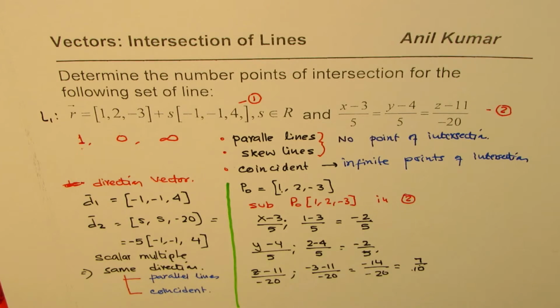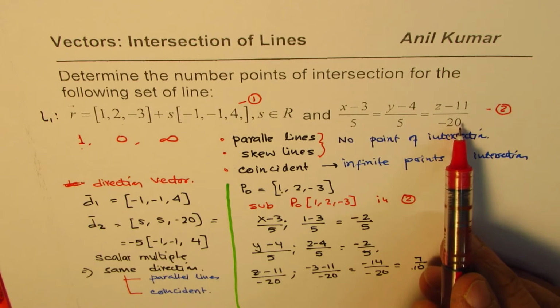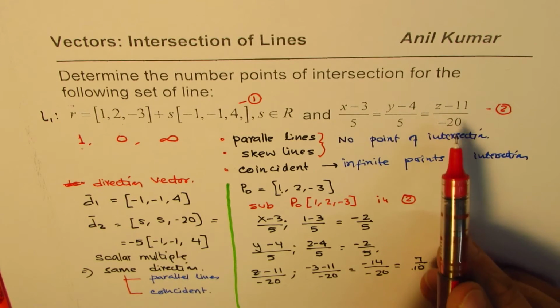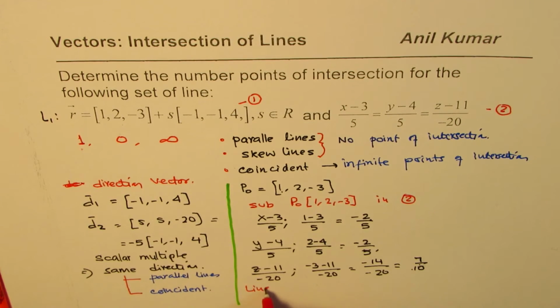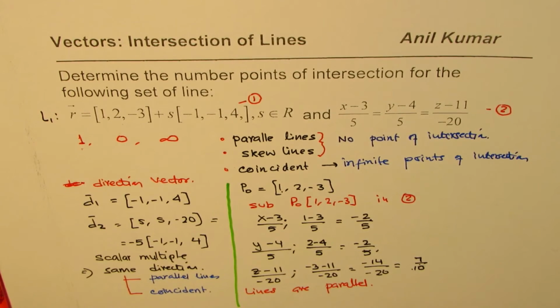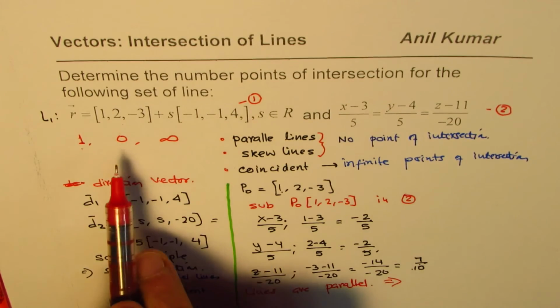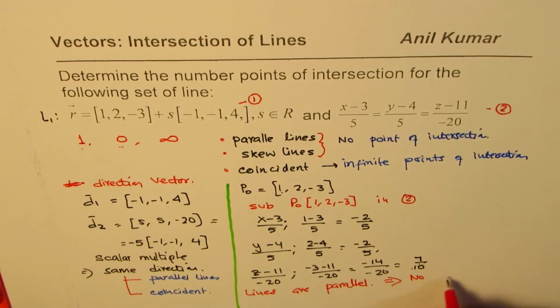And therefore we say that this point really does not lie on the second line, and therefore we conclude that the lines are parallel. Since the lines are parallel, it implies that the number of points of intersection is indeed 0. So there is no point of intersection.